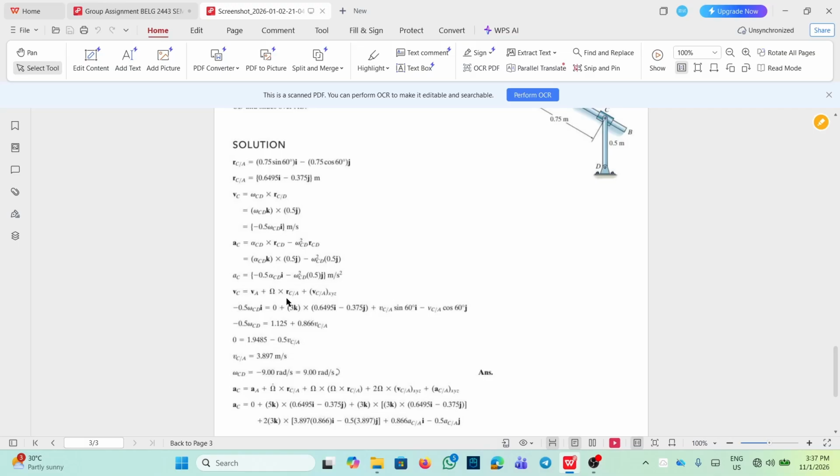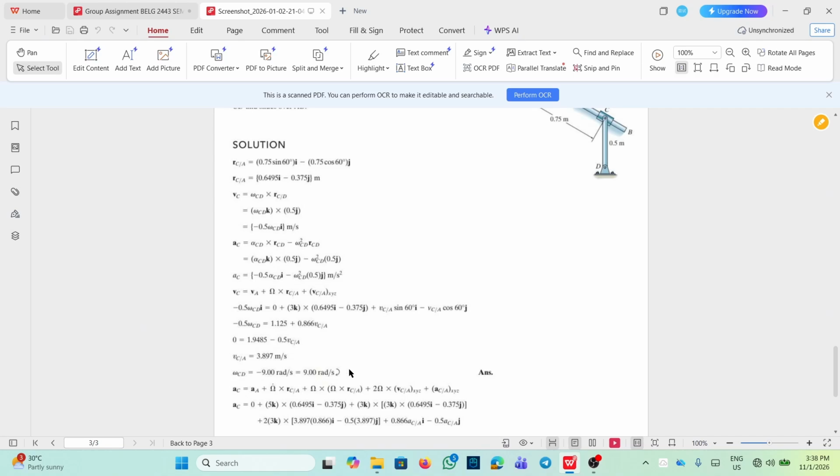By resolving the velocity equation into x and y components, we obtain two equations, and after solving we get two unknowns, VCA and omega CD. VCA equals 3.897 meters per second and omega CD is negative 9 radians per second, which is 9 radians per second clockwise.